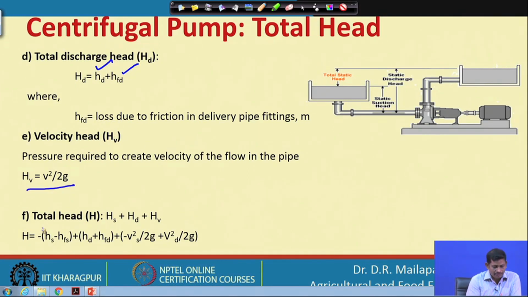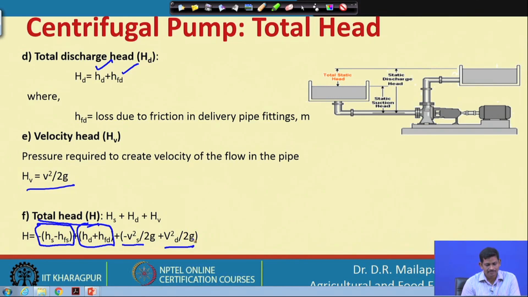So, the total head in case of a water source above the center line of the pump is equal to the static suction head, static discharge head, total discharge head, total suction head, and then minus V square by 2g for suction, and V square d by 2g, the velocity head for discharge.